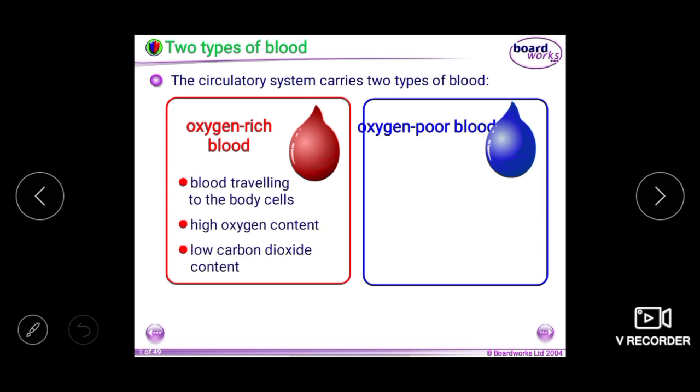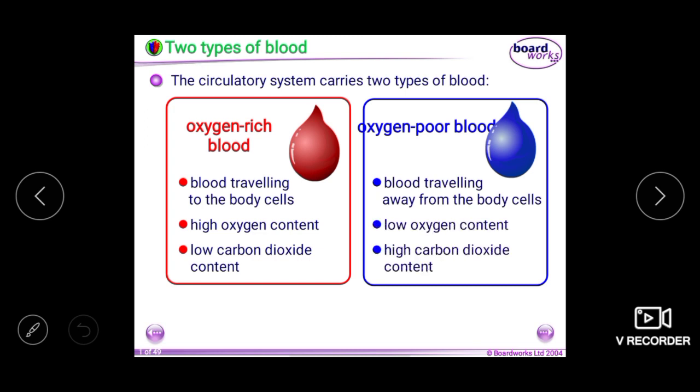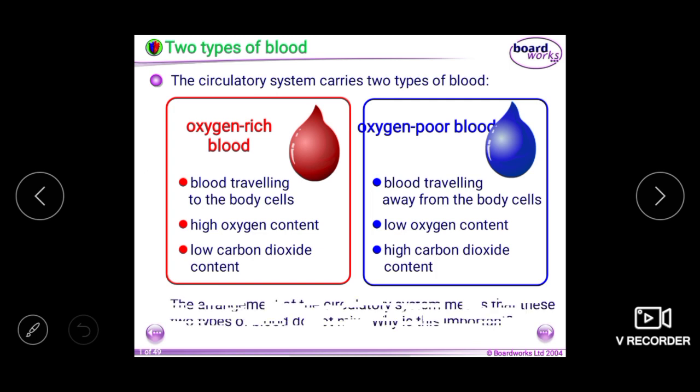Oxygen-rich blood is always moving from the heart to the body cells, and it has a high content of oxygen but a low carbon dioxide content. On the other hand, oxygen-poor blood is always moving from the body cells to the heart and to the lungs. It has very low oxygen content but high carbon dioxide content.